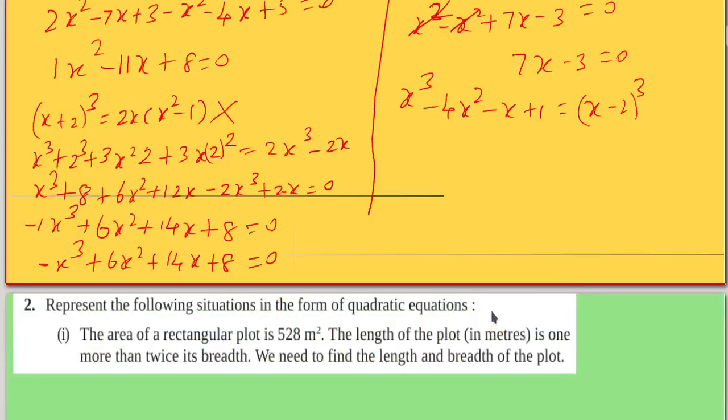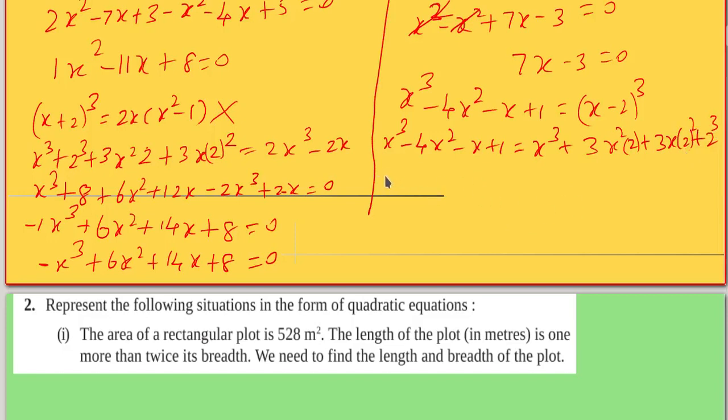So if we expand, what will we get? Left hand side will be as it is, x cube minus 4x square minus x plus 1 equal to, here only, the a minus b the whole cube formula. It is in the form of power of 3 now. So a cube minus 3a square b plus 3a b square minus b cube.